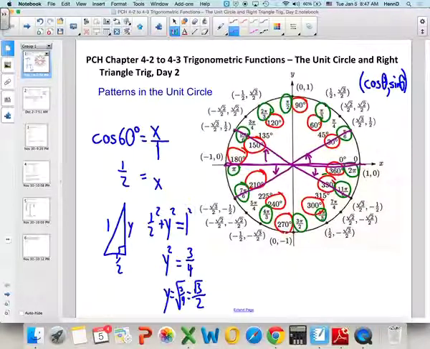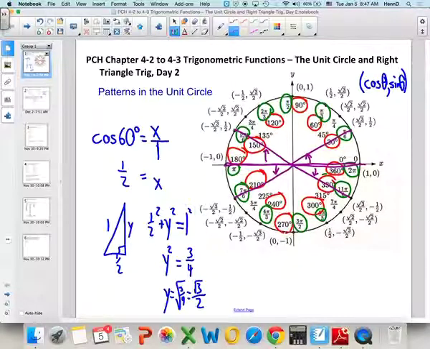Now, a reference angle is always going to be between 0 and pi over 2, or between 0 and 90 degrees. So this first quadrant angle is the reference angle, but these four angles, pi over 6, 5 pi over 6, 7 pi over 6, and 11 pi over 6, all have the same reference angle, pi over 6.